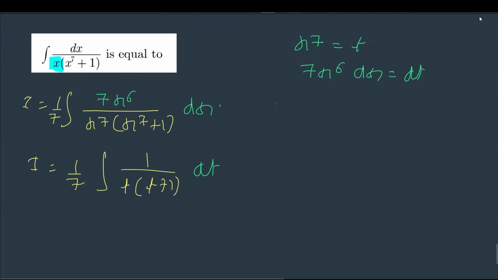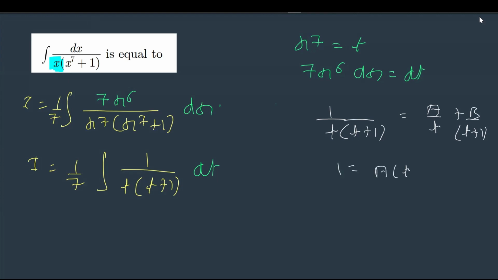Now we can apply partial fraction over here. So 1 over t multiplied by t plus 1, using partial fraction, I can write this as a over t plus b over t plus 1. That gives 1 is equal to a times t plus 1 plus b times t.